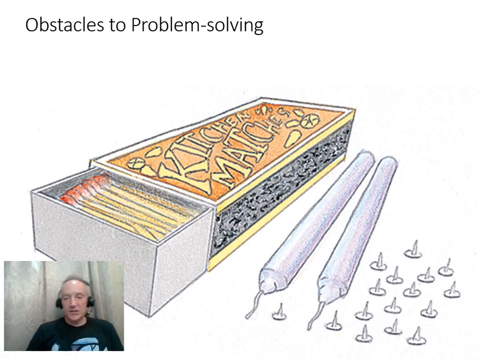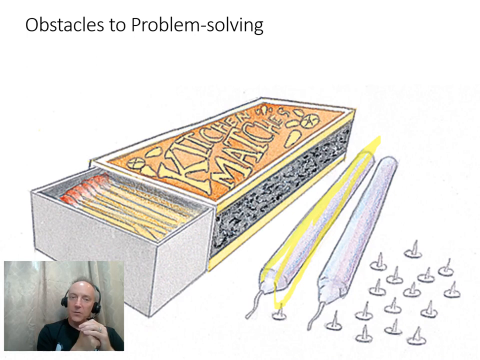You need to come up with a way to safely mount these candles to the wall of a dark room so that you could light the candle and light up the room, but you do it safely so that the wall is not catching on fire. And this is all you have to solve the problem. These are all the materials you have to use.